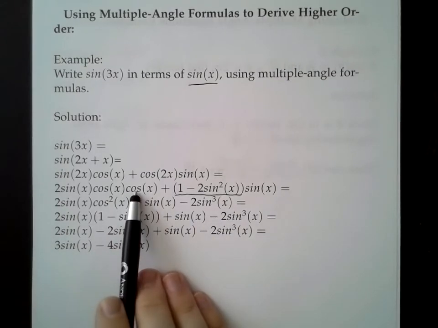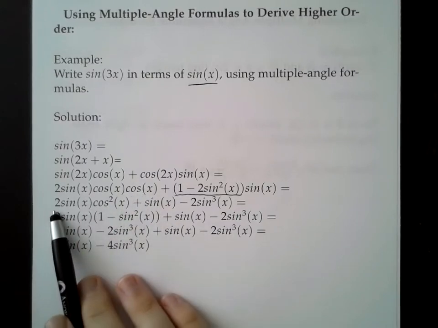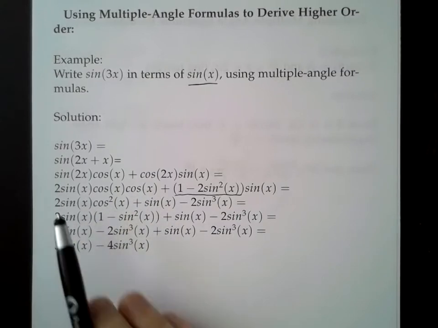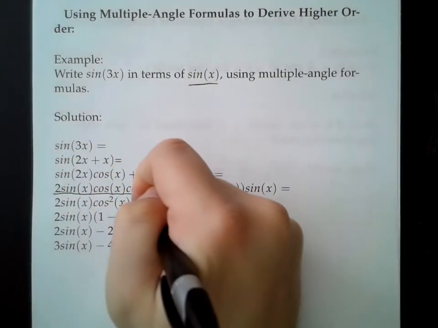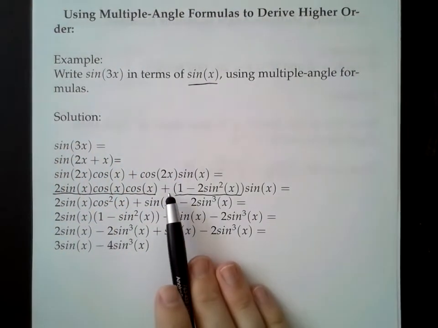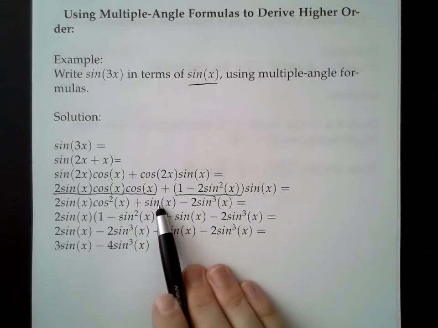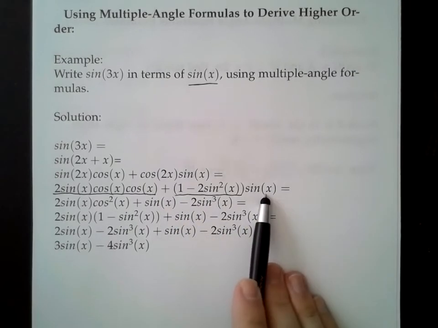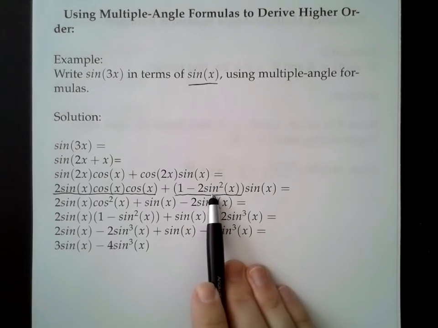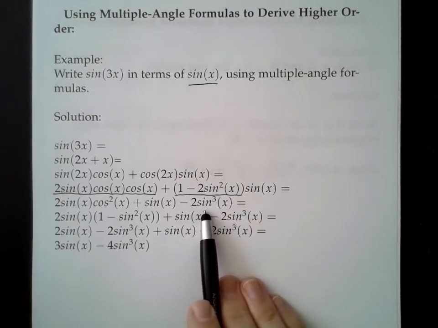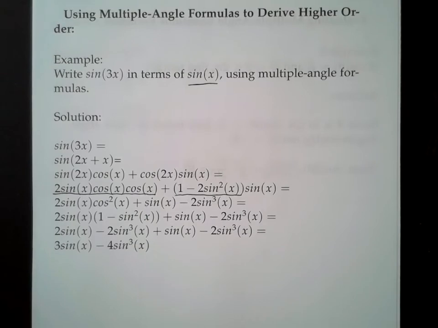I'm also going to bring this in because I have cosine times cosine, which is going to give me cosine squared. So I get 2 sine of x cosine squared of x, and this is coming directly from here. And then over here, I'm just multiplying these out. So I get sine of x times 1, which gives me sine of x, and then sine of x times negative 2 sine squared of x, which gives me negative 2 sine cubed of x.